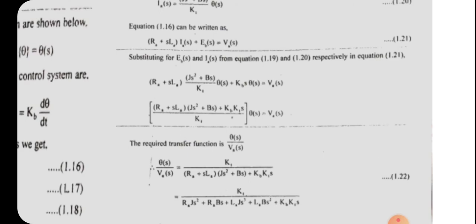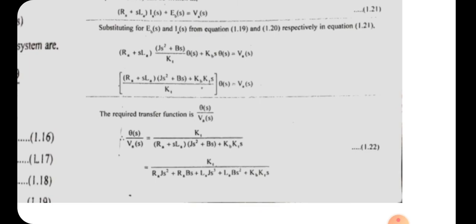So theta(s) divided by Va(s) is equal to Kt divided by (Ra plus sLa) into (Js square plus Bs) plus Kb into Kt into s, and by multiplying the terms and rearranging the equation, we will get Kt divided by Ra into Js square plus Ra into B into s plus La into Js cube plus La into B s square plus Kb into Kt into s.